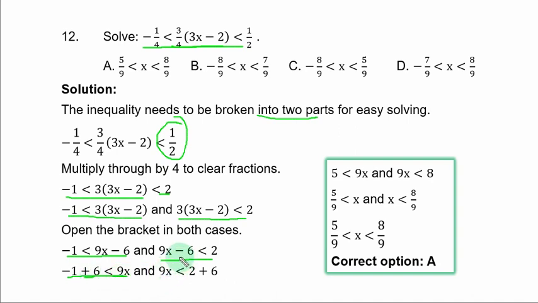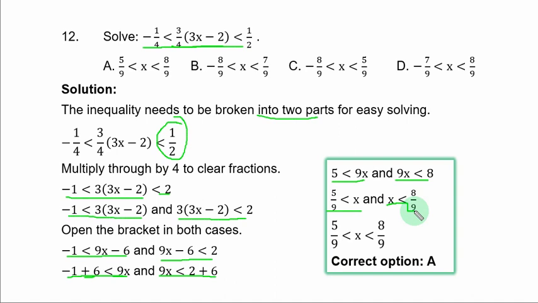And if you transfer minus 6 here, you have 9s less than 2 plus 6. If you add, you have 5 less than 9s and 9s less than 8. Divide through by 9 in both cases. You have 5 over 9 less than s and s is less than 8 over 9.